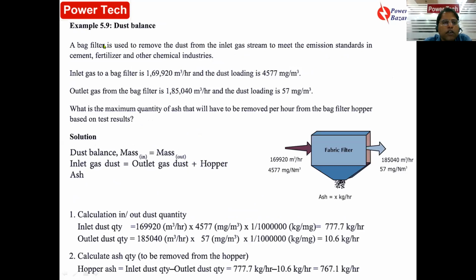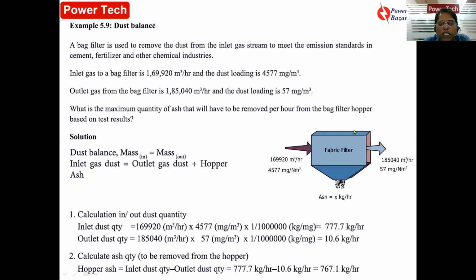Now let us solve another example of dust balance. A bag filter. This is basically a bag filter. Normally it is used to remove dust, to reduce the dust loading in the exit flue gas, because if more SPM, solid particulate matter, goes outside the chimney, it will pollute the environment.